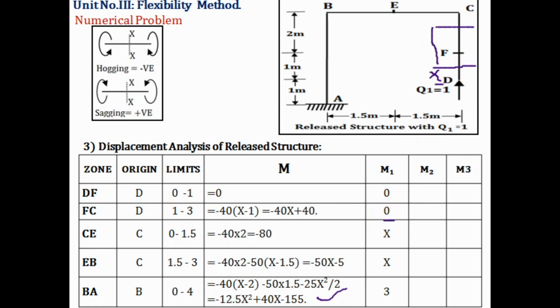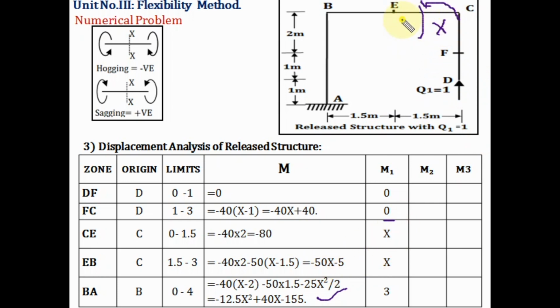Now we'll take the section in portion EC. Here we are taking the section, measure x from point C. This force will act like this, so it will be 1 into x, that is x.